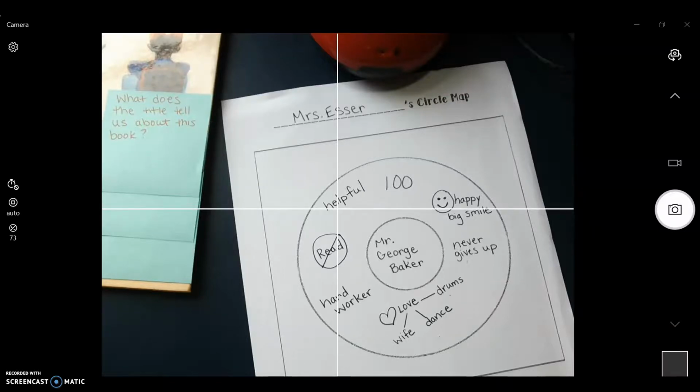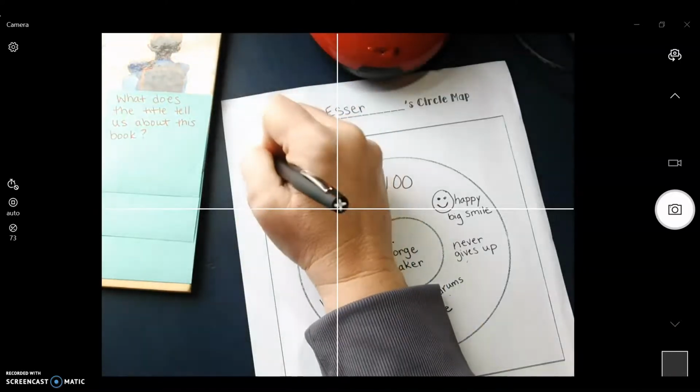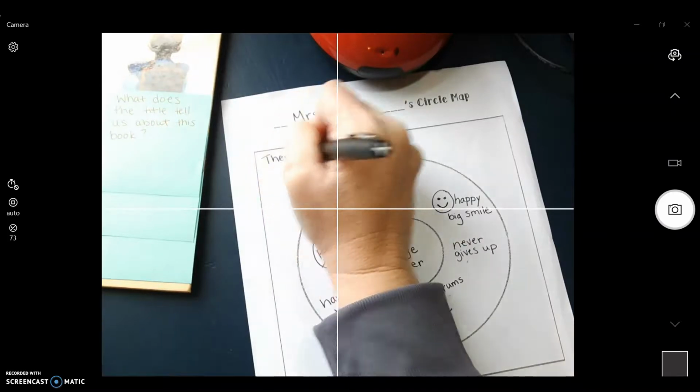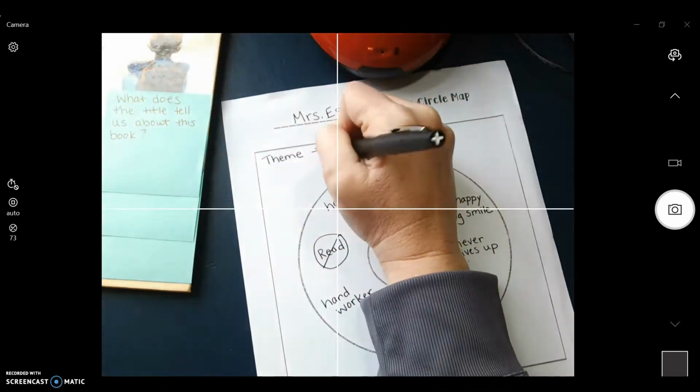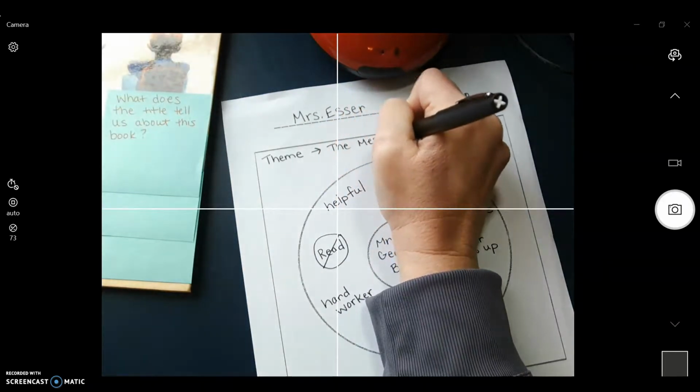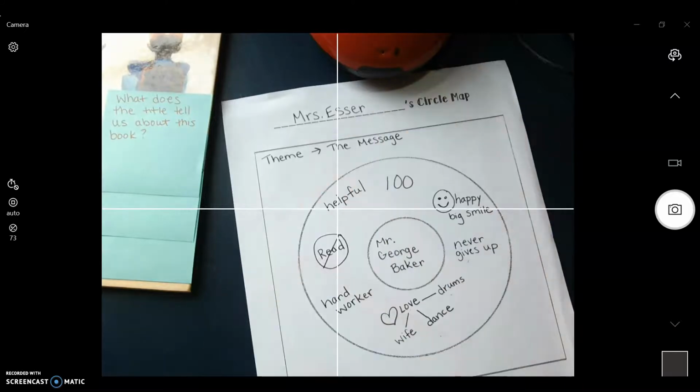You might also remember us talking about the word theme. Theme means the message. We learned about this a few weeks ago during our remote time. Theme means the message. What can we learn from George Baker?